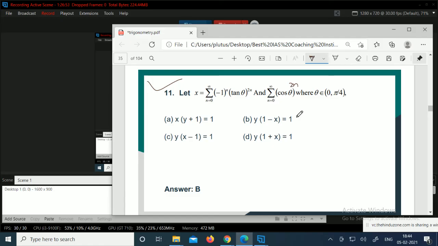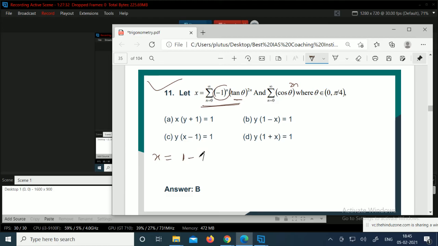This question is basically based on the concept of infinite GP. If I write the first expression, then we can write x equal to, if I put n equal to 0, that is 1, because tan theta power 0 is 1, and minus 1 power 0 is also 1, and the first term is 1, plus, if I put n equal to 1, then at n equal to 1 this is a minus sign.